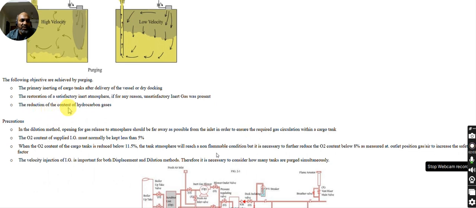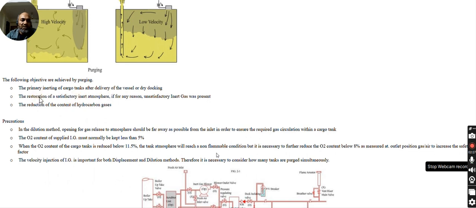The reduction of the content of hydrocarbon gas. That means for any reason we need to do inerting of the tank before loading, or for tank cleaning purposes we want to do gas freeing. At that time inerting is required to remove the flammable atmosphere or the hydrocarbon gas.